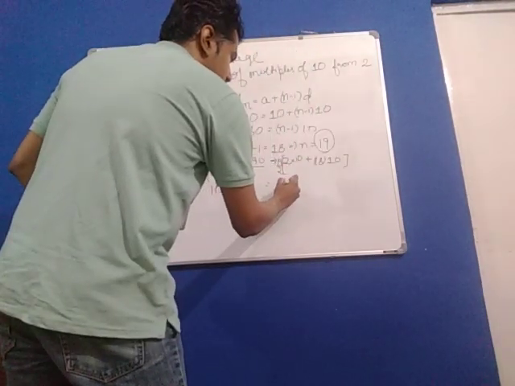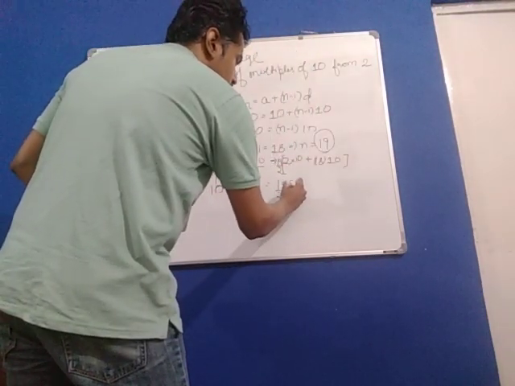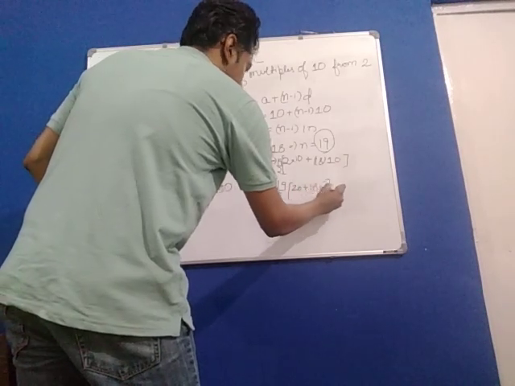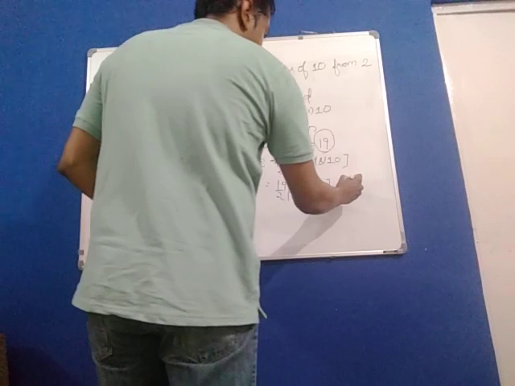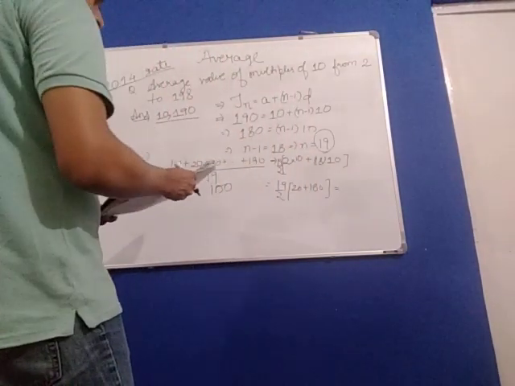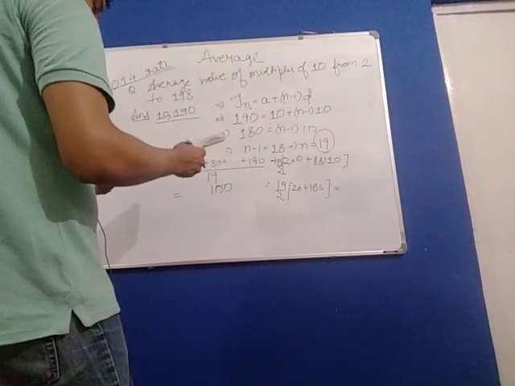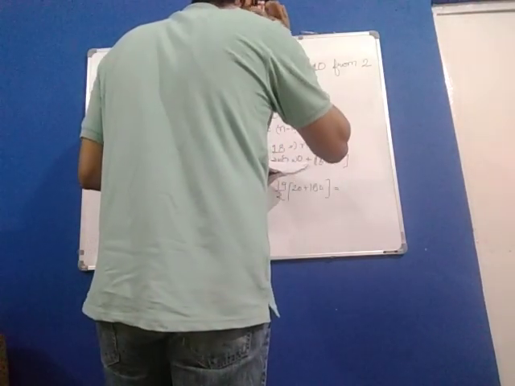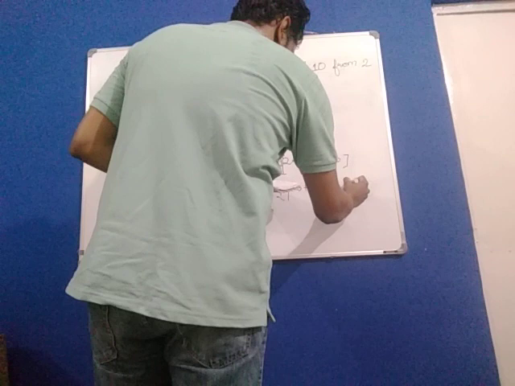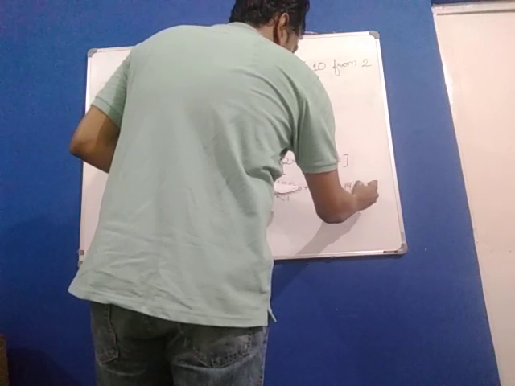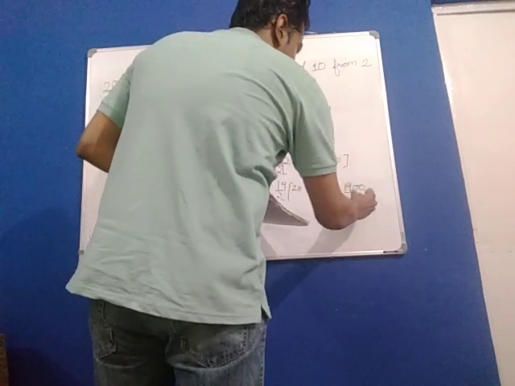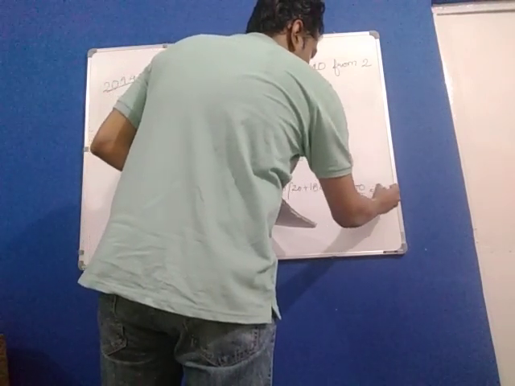So this is going to be 19 by 2 into 20 plus 180, which equals 1900, and 1900 by 19, the answer will come out as 100.